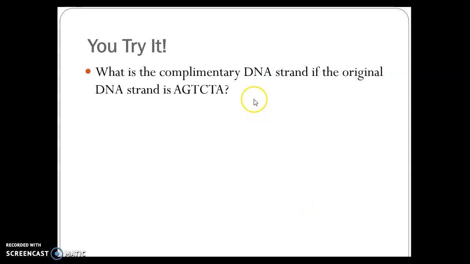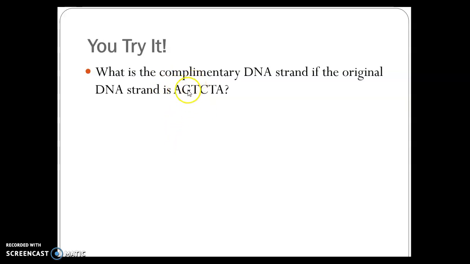Alright, so what is the complementary DNA strand if the original DNA strand is AGTCTA? That's one side. This is one side of the helix. You're talking about what's the other side of the helix, and that's what you're trying to match up here. So A always matches with T, right? So you're going to have a T here.